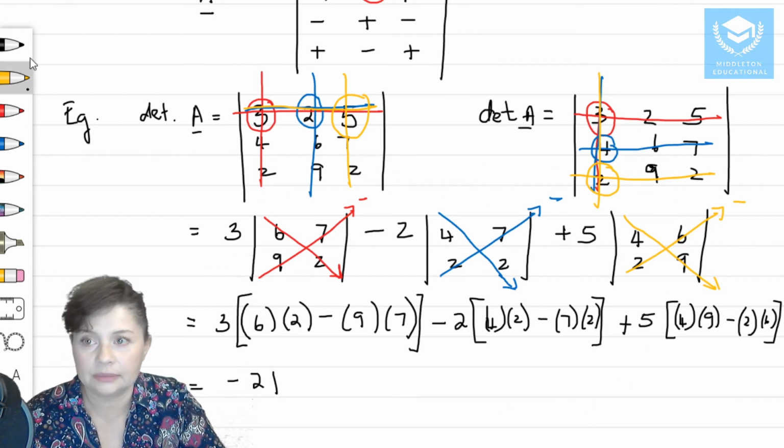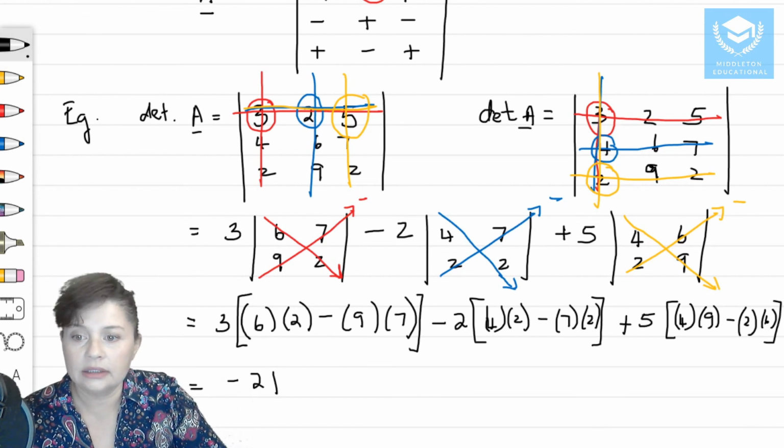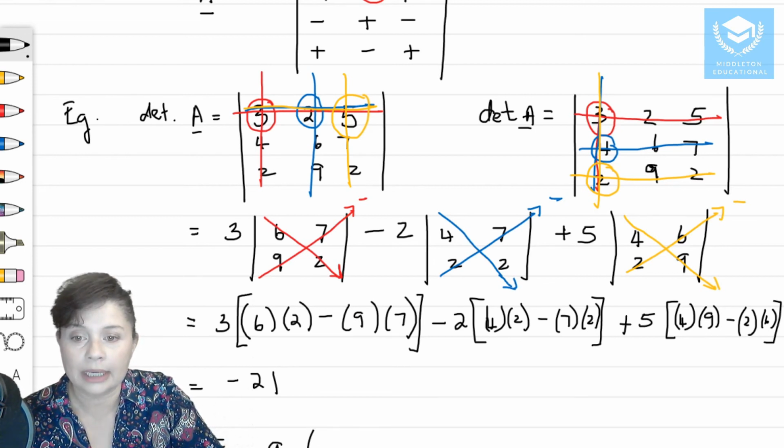You will find that the determinant of A, if you use A1 times the minor, minus A2 times the minor, plus A3 times the minor, is also going to equal minus 21.